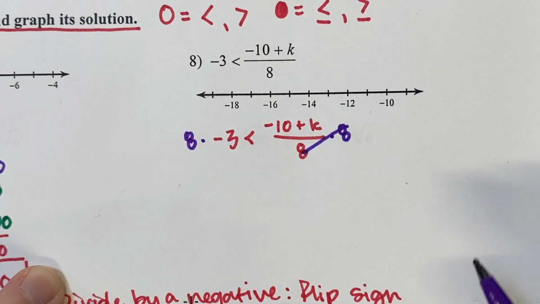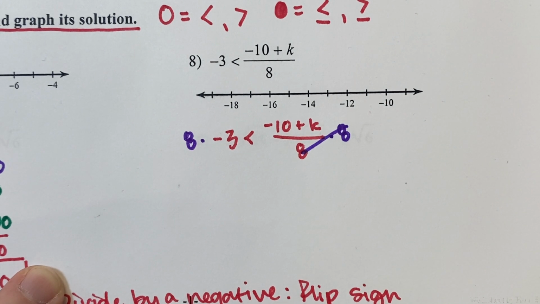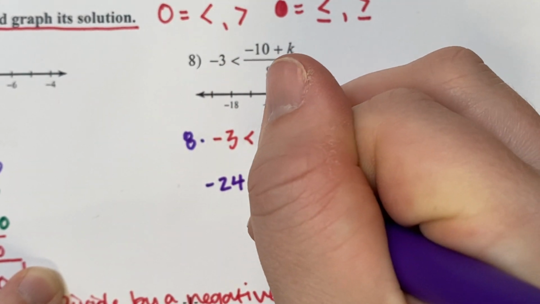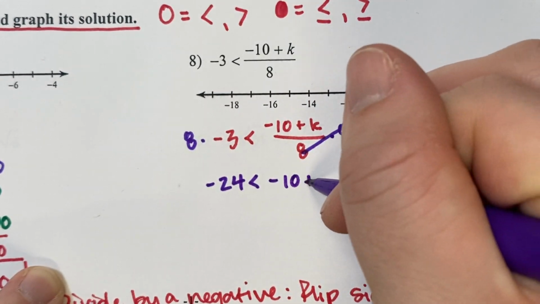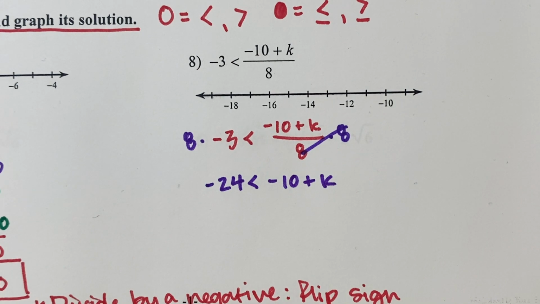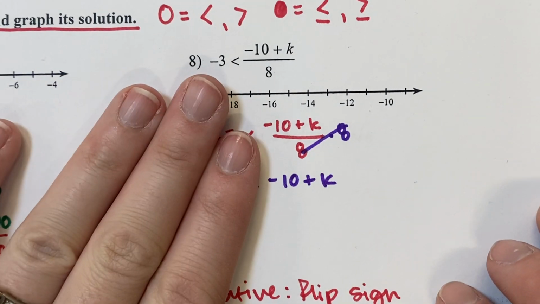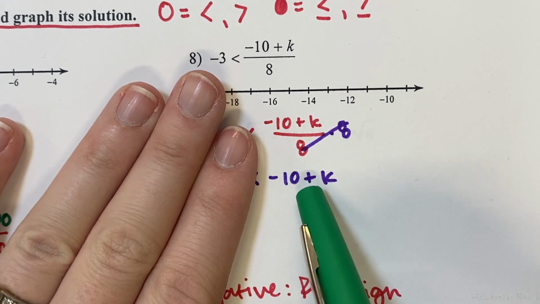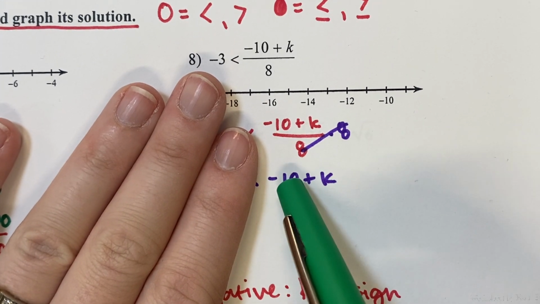Okay, so I have 8 times negative 3, which is going to give me negative 24, less than negative 10 plus k. Okay, this is only one more step to get my k by itself. So this is technically saying adding negative 10 or think subtract 10.